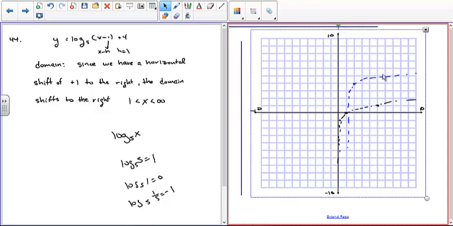This is my transformed function with the original coordinate axes, but it has a vertical asymptote at positive 1. Instead of going through 0, 1, it goes through 2, 4. This black function was y equals log base 5 of x, and this transformed function is log base 5 of x minus 1, plus 4.